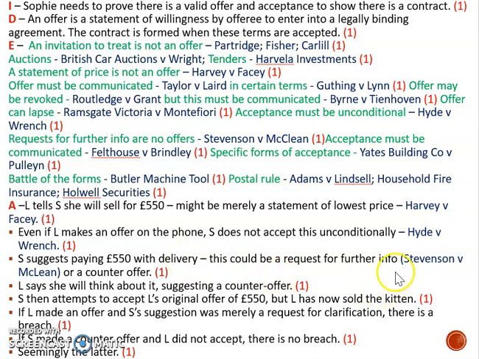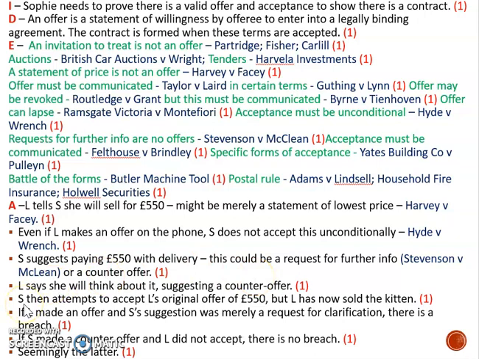Now that could be simply a request for further information. Would you mind delivering it as well? i.e. not really changing the terms of the offer, just requesting more information, but more likely to be a counter-offer. And the fact that Lucy responds by saying she'll think about it suggests that it was a counter-offer.